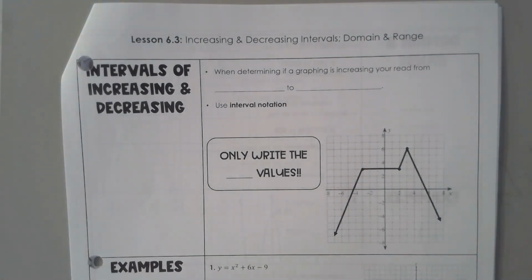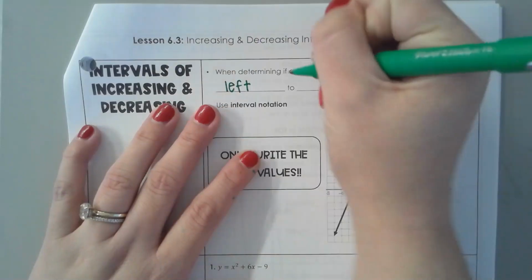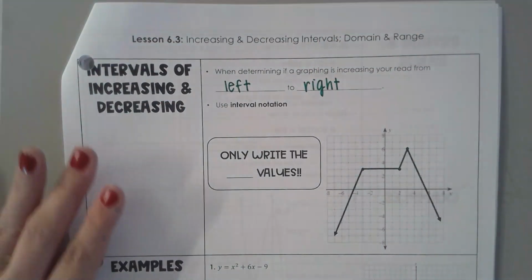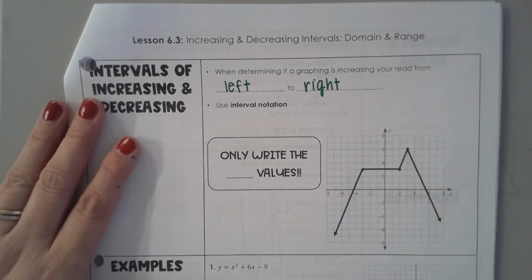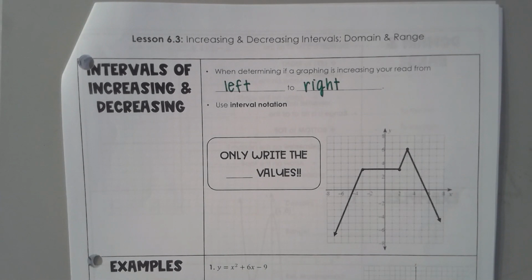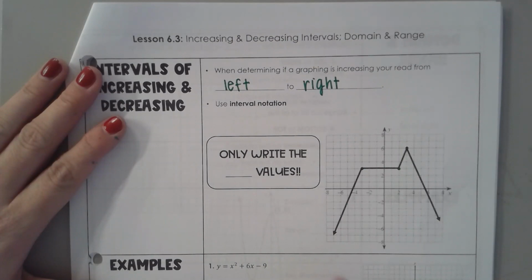So when you do increasing, decreasing, you always go from left to right. And we're going to use something that's probably new to you. This is interval notation.